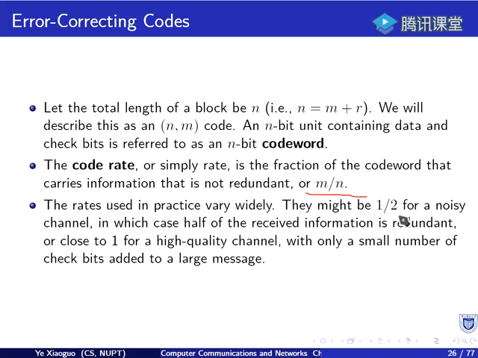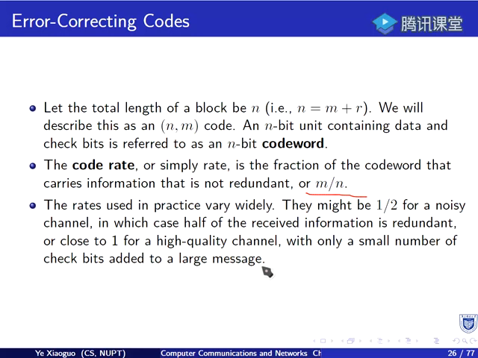There might be a half for a noisy channel, in which case half of the received information is redundant, or close to 1 for a high quality channel with only a small number of check bits added to a large message. It depends on the quality of the physical channel.